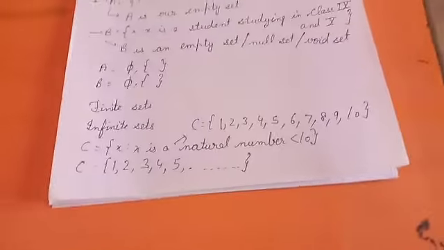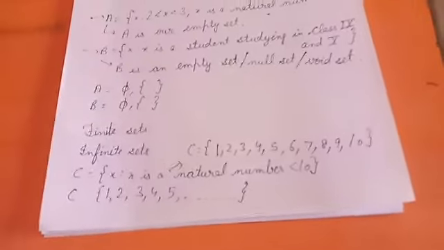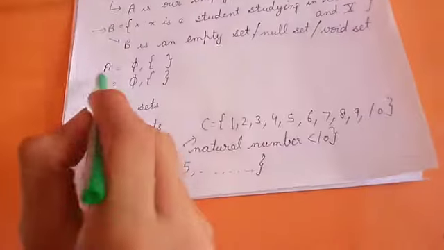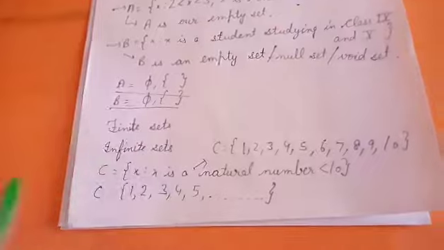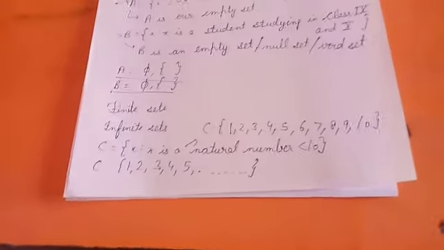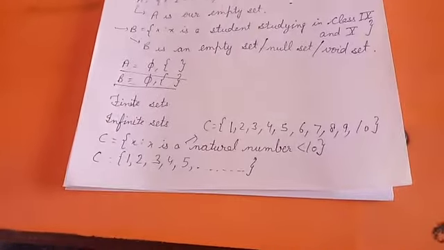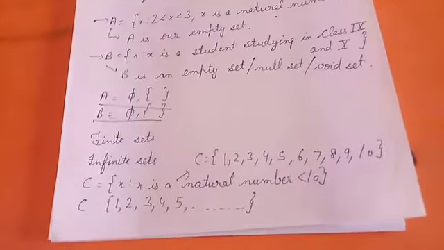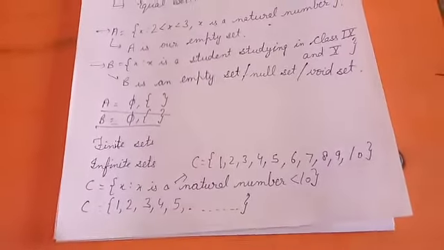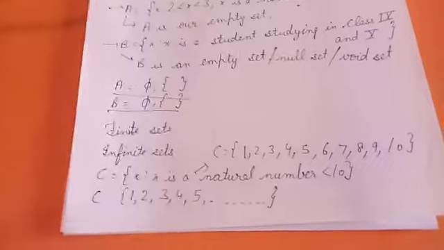So what will be the definition? A set which is empty or consists of a definite number of elements is called finite. This means our set A and set B are also finite sets. If any set has no element or some definite number of elements, then it is finite, otherwise it is infinite.